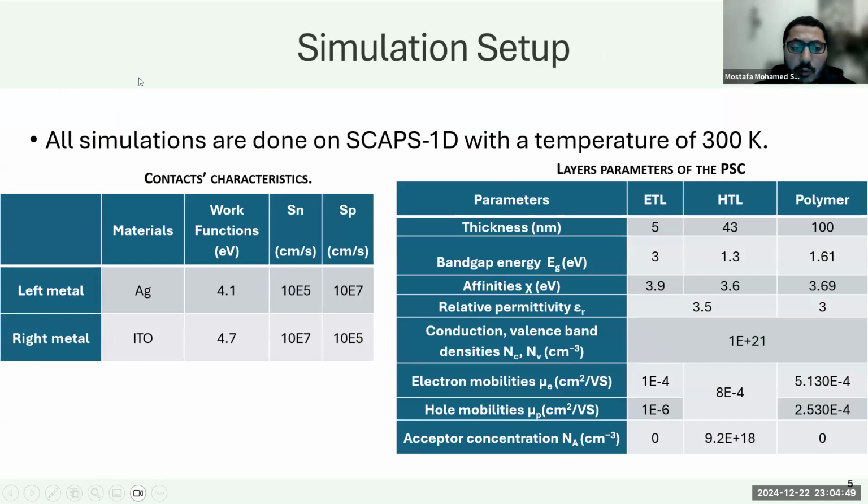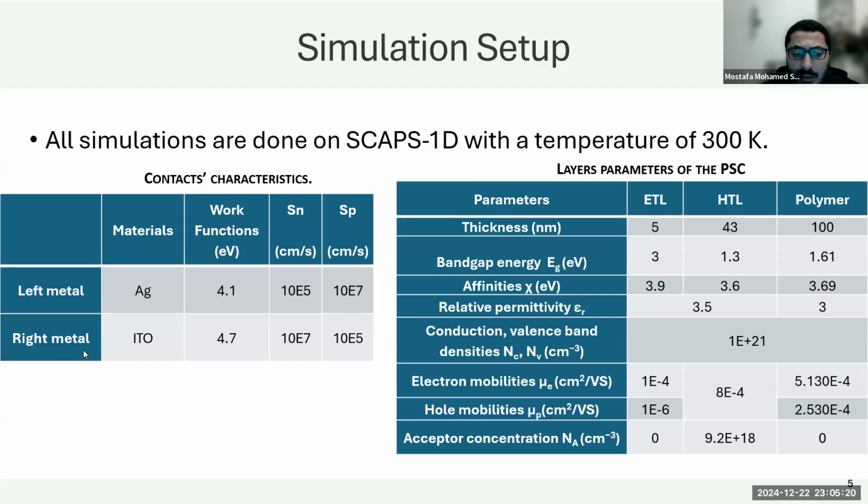The simulation setup. All simulations are done using SCAPS one-dimensional, with a temperature of 300 Kelvin. The contacts' characteristics are, for the left contact or the back contact, Ag is used with 4.1 electron volt work function and SN 10 power 5 centimeter per second and SP 10 power 7 centimeter per second.